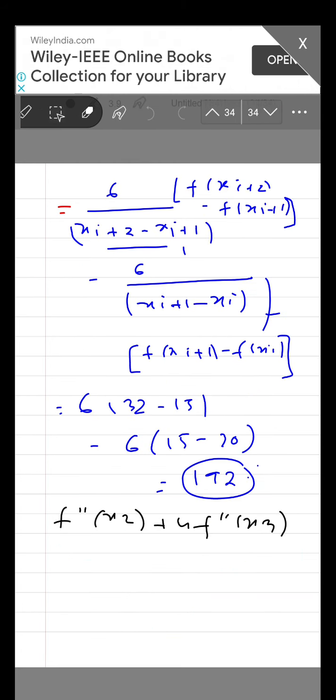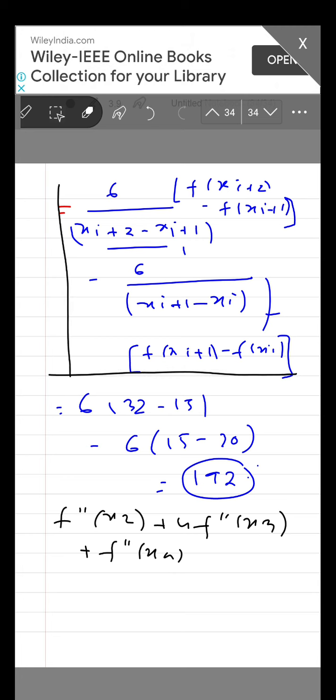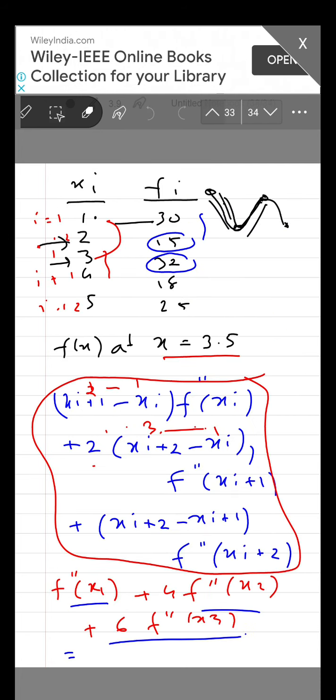So for that case, this equation comes into the picture: f double dash x2 plus 4 f double dash x3 plus f double dash x4, and by using this equation again, this is equal to 6 into (18 minus 32), considering the points that we obtained here.